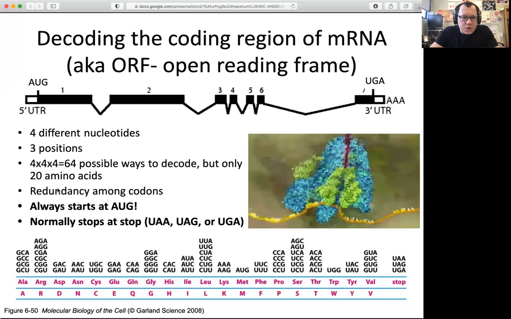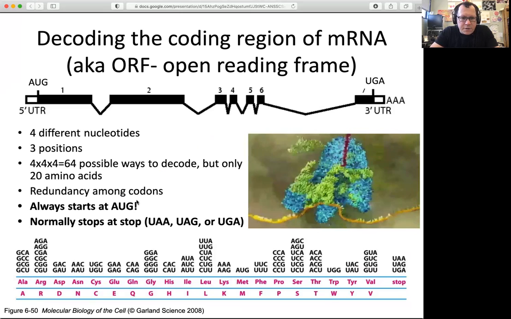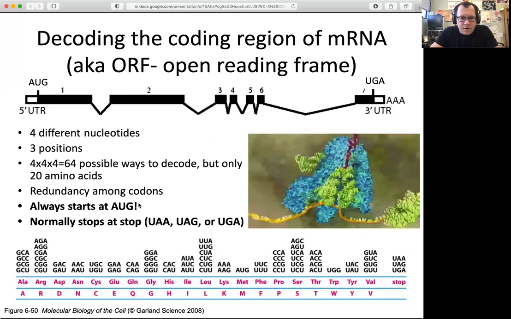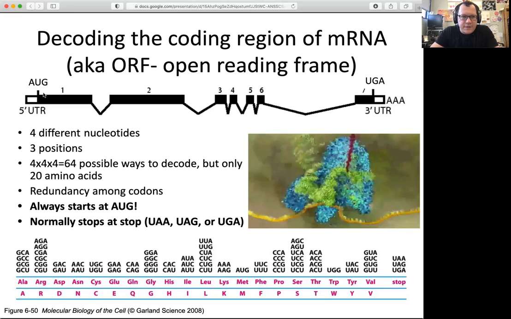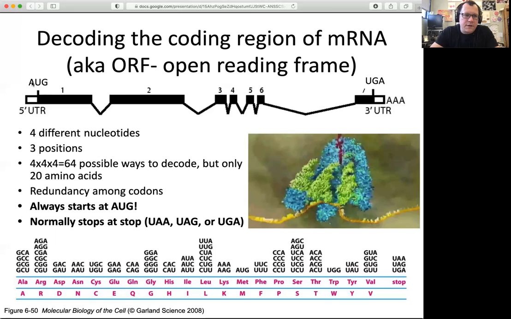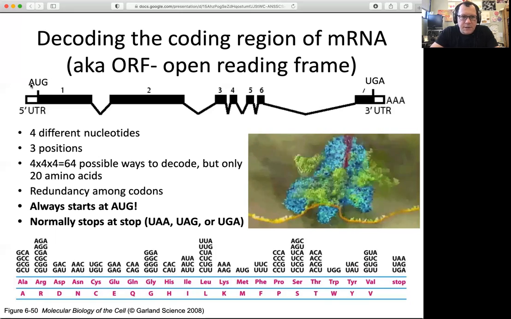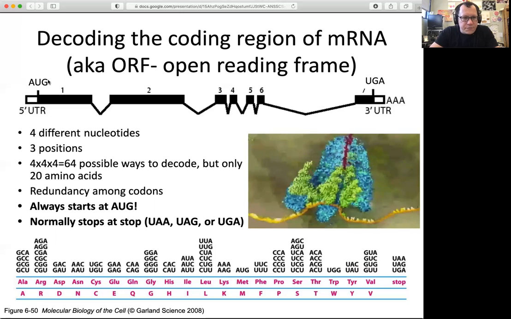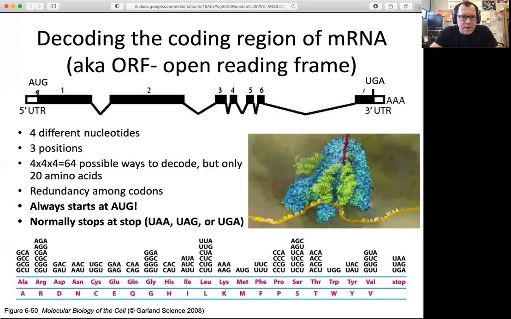But the one thing you should always think about when you're looking at a messenger RNA sequence and thinking about how it gets decoded into protein, we have to look for the start codon, okay? AUG, or if you're looking at the DNA sequences like we're going to be looking at this week, ATG. It's the same idea.